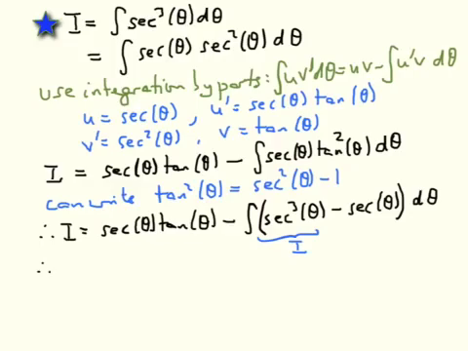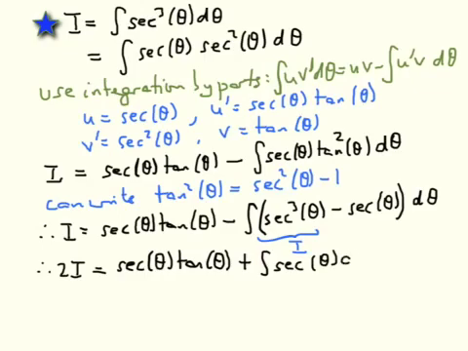So this tells us, gathering the initial integral structures together, that 2I is sec theta tan theta minus, and then we have another minus sign here, minus minus, so that becomes plus the integral of sec theta with respect to theta.